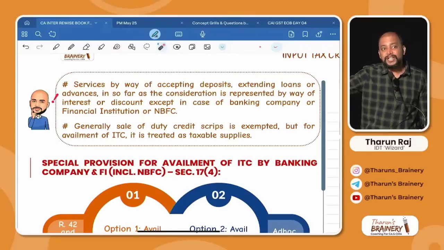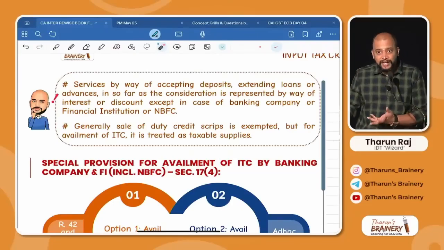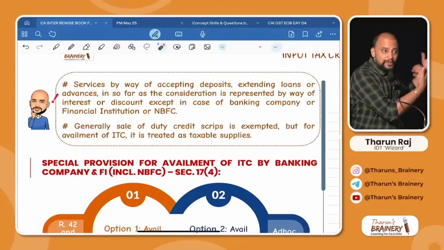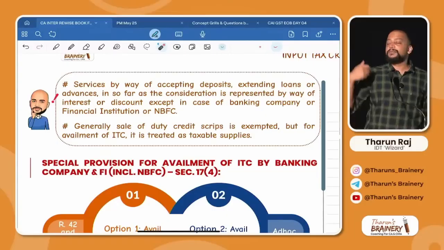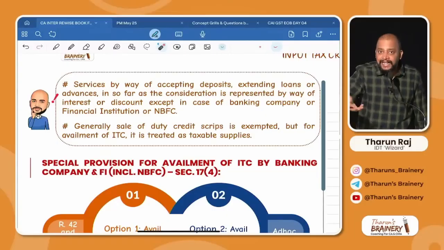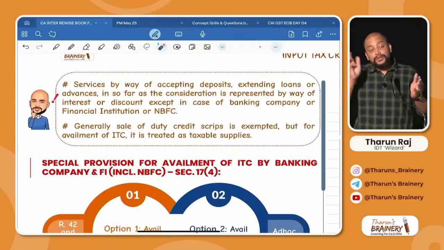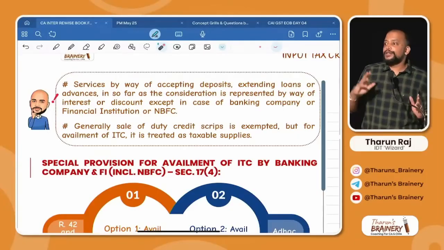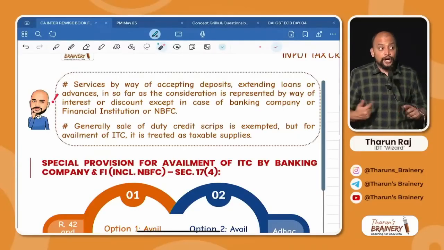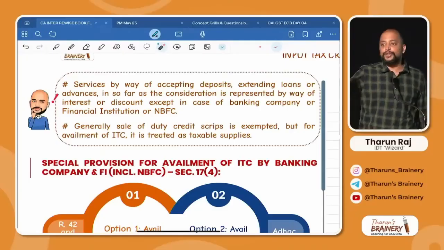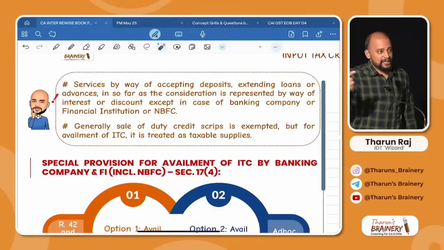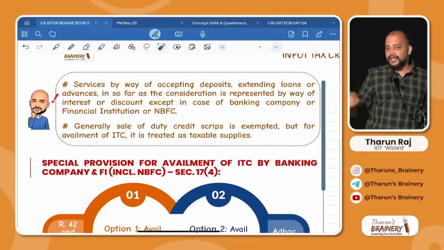Interest on loans, advances, deposits is exempted, so I cannot take ITC on my purchases, but for the purpose of ITC, they are telling you to treat it like taxable, so that you can enjoy the ITC on your purchases, even though your outward supply is exempted. Got it? Like an exception they created.